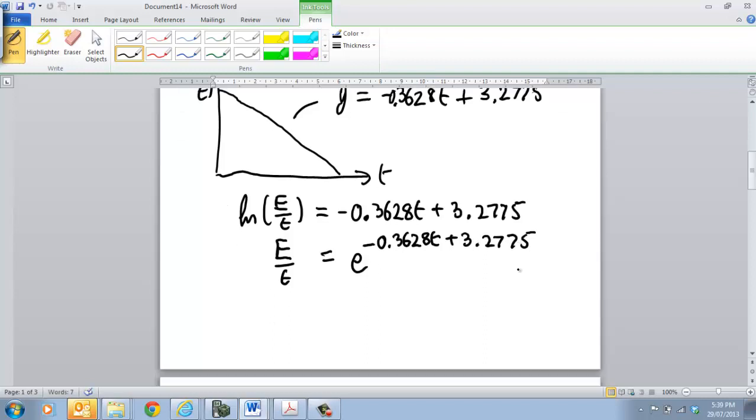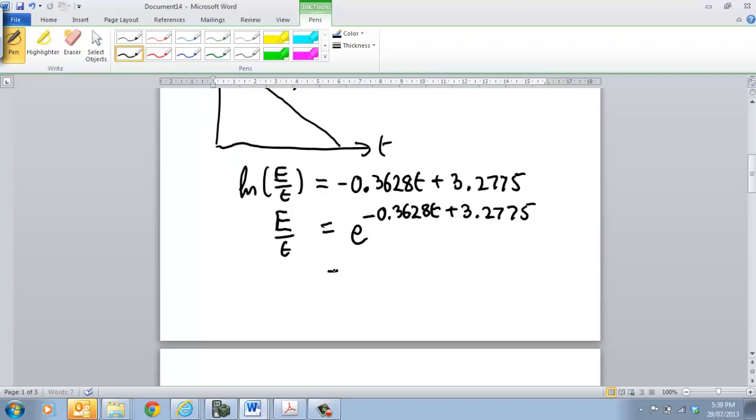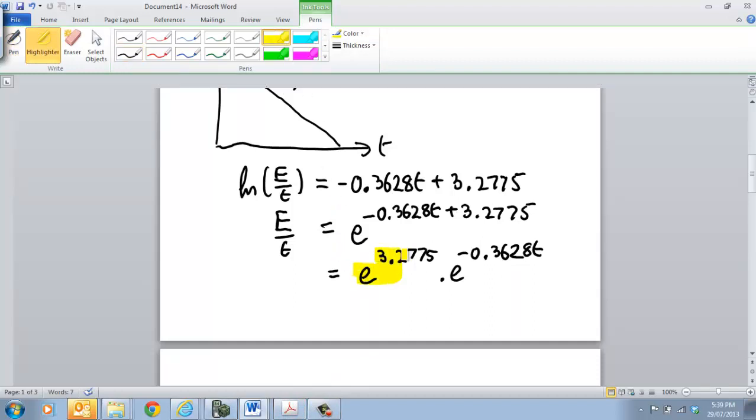We can now use our indices laws and we can rearrange that, and we can say that's equal to e to the 3.2775 times by e to the negative 0.3628T.